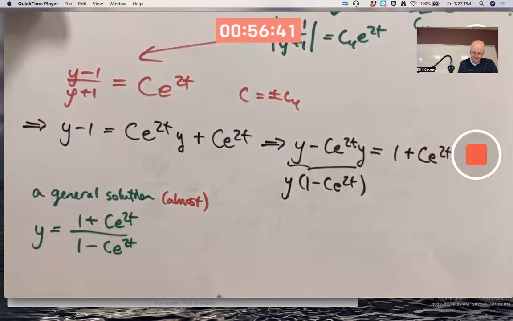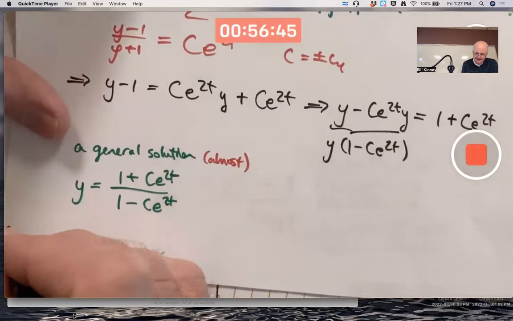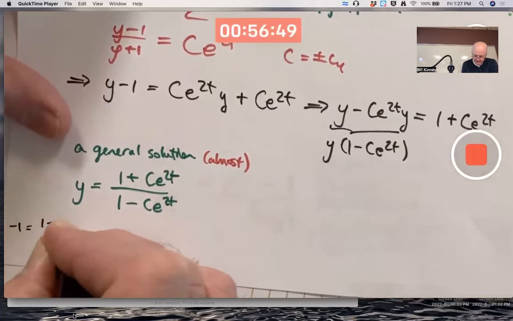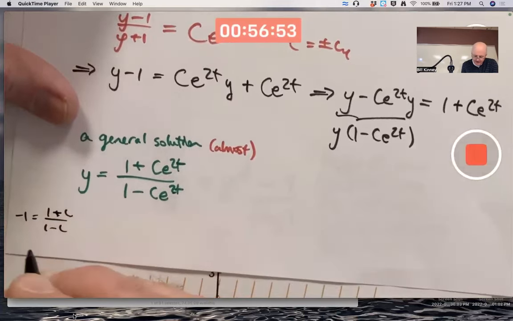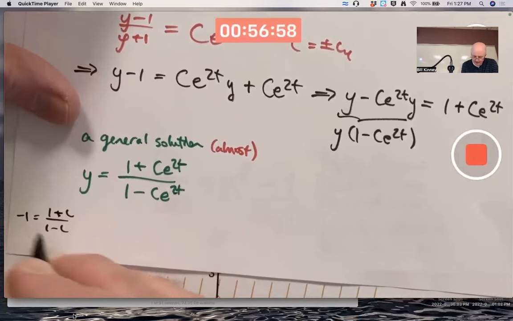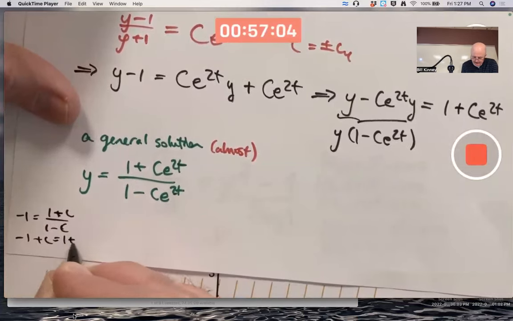Well, okay. Maybe I should, no, it's not that simple. If you replace y with -1 and t with 0, this is what you'll get. But if you try to solve that for c, what happens? Multiply both sides by 1 minus c, you'll get -1 plus c equals 1 plus c.